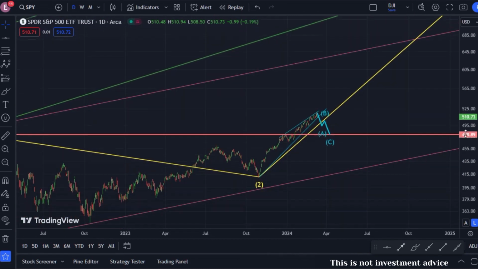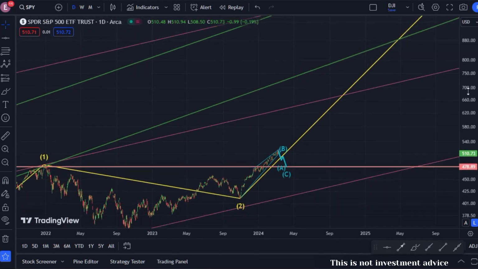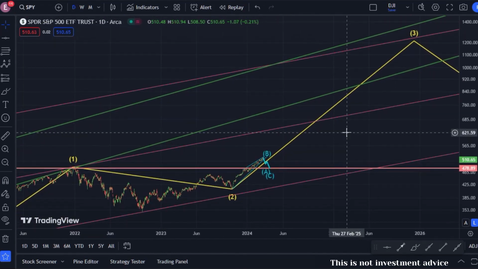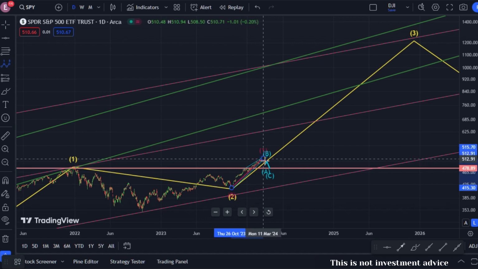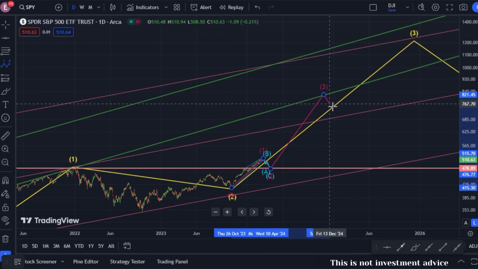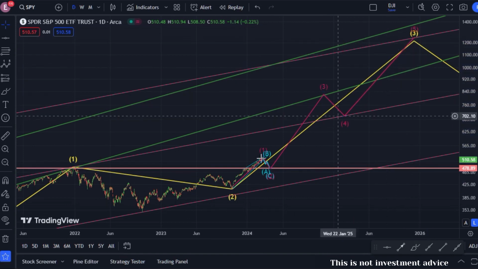Let's start seeing the peaks, because we will target there. Yes, we will fill in this third wave. 1, 2, 3, 4, and 5, $1,200.